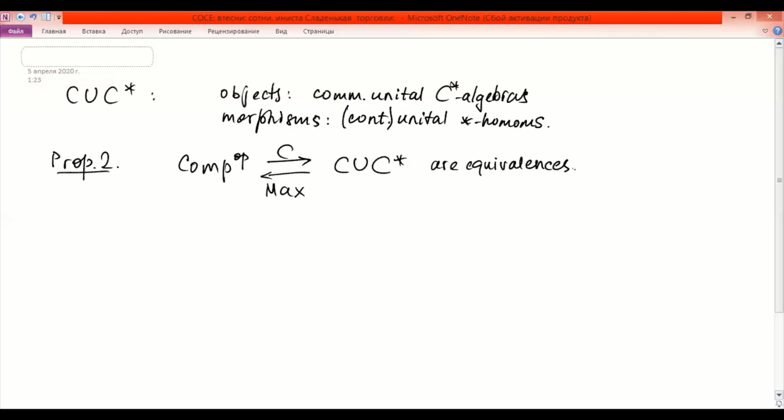So in other words, the category of compact Hausdorff topological spaces is dual to the category of commutative unital C star algebras. And moreover, the respective adjunction isomorphisms look as follows. The identity functor on CUC star is isomorphic to C composed with max.